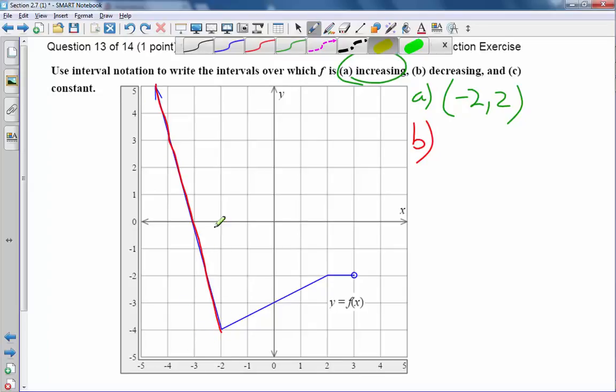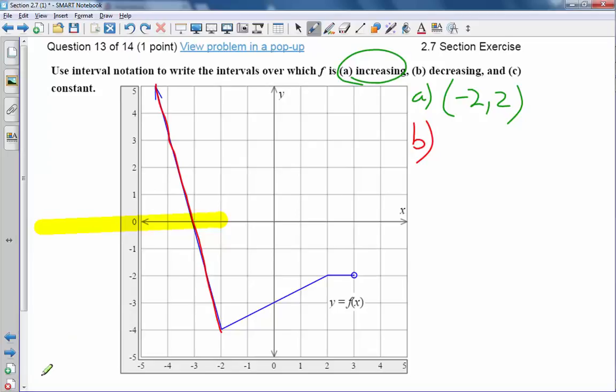And I see we're starting here and this region goes all the way to the left though. Unlimited, because this arrow keeps climbing and climbing. So how do you write this yellow shade? Always from left to right you need to read it. Negative infinity on this side up to -2.